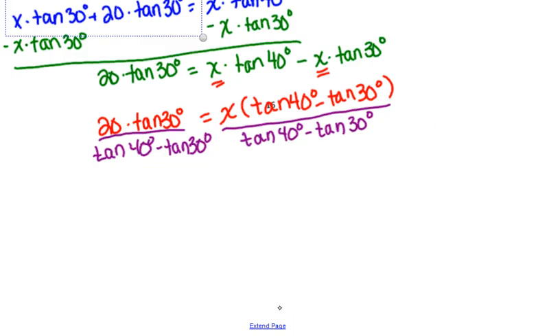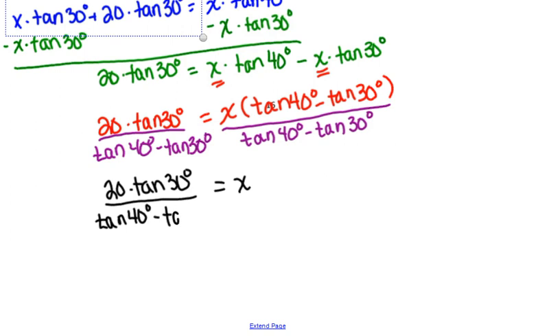And on the right side, what remains is an x. On the left side, what I've got is 20 times the tangent of 30 degrees for a numerator, and tangent of 40 degrees subtract tangent of 30 degrees for the denominator.